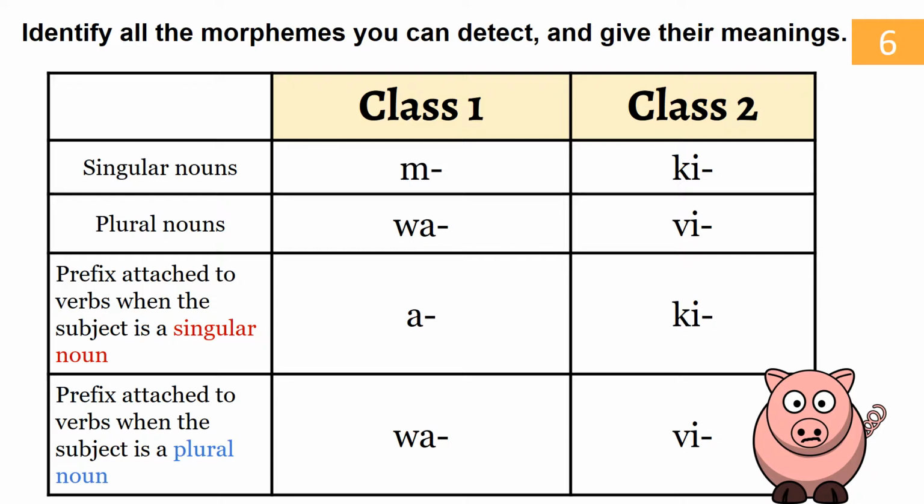For prefixes attached to verbs when the subject is a singular noun, we have a for class 1 and ki for class 2. For prefixes attached to verbs when the subject is a plural noun, we have wa for class 1 and bi for class 2.